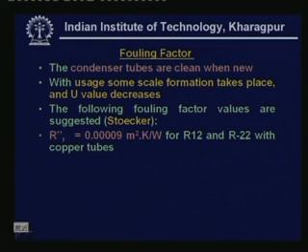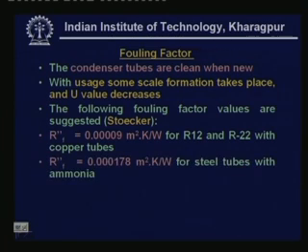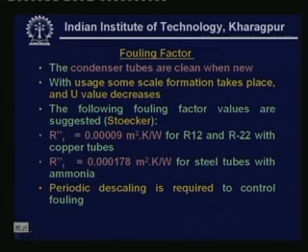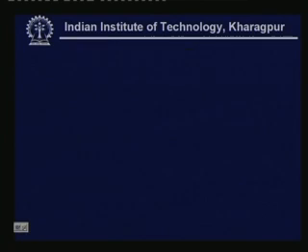For example, the fouling factor is 0.00009 meter square Kelvin per watt for fluorocarbon based refrigerants with copper tubes, and 0.000178 meter square Kelvin per watt for steel tubes with ammonia. Periodic descaling is required to control fouling. So, from time to time you have to shut down the plant and clean the tubes.